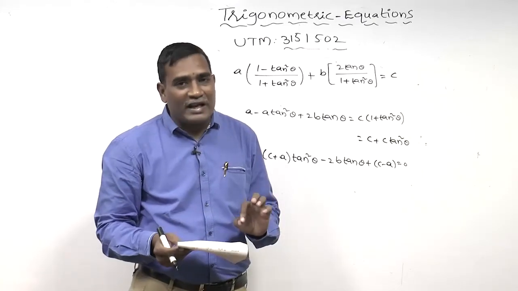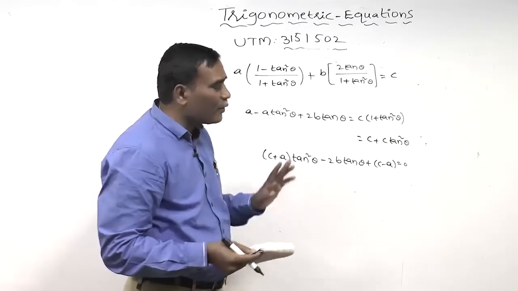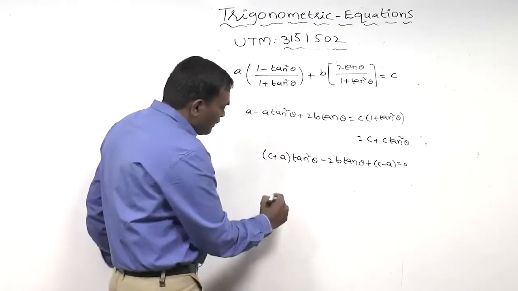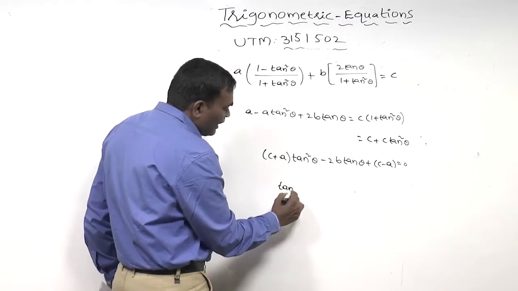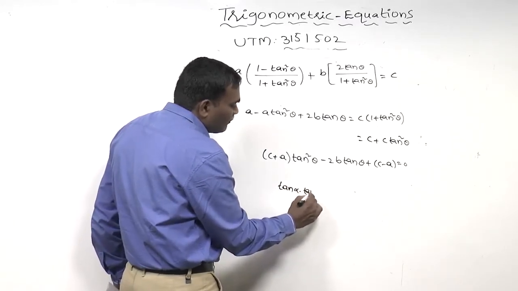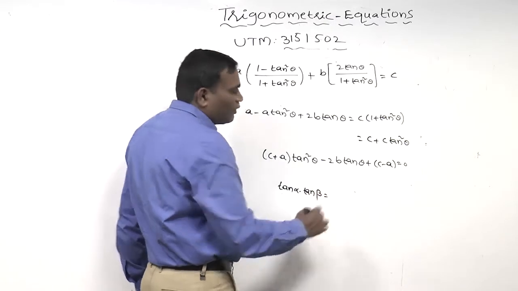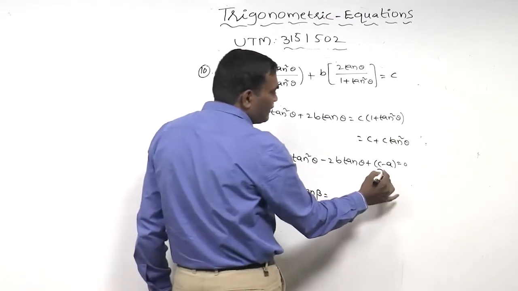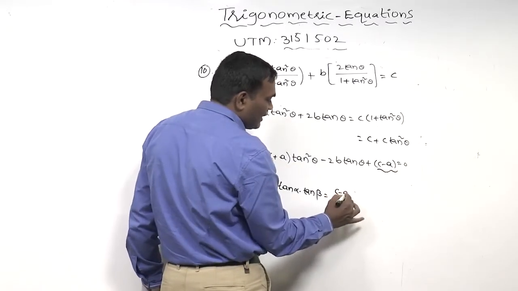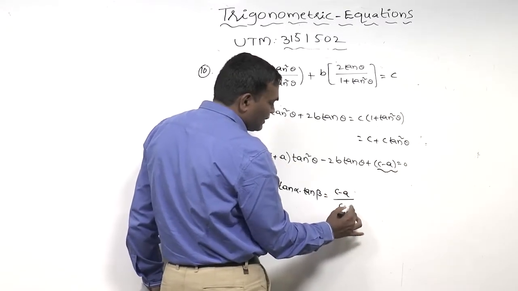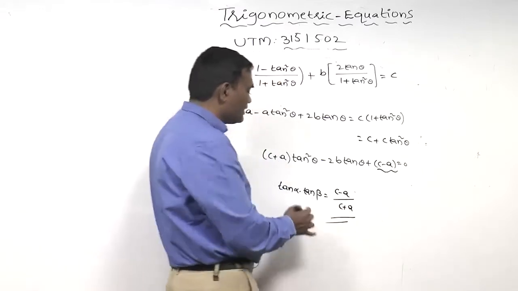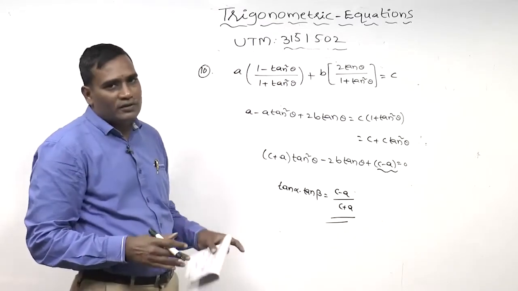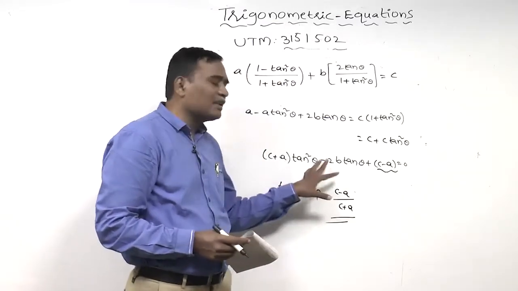I want tan alpha into tan beta, that means the product of the roots. Product of the roots in any quadratic equation is C by A. In place of C and A here, it is C minus A by C plus A. That's all, I am considering the product of the roots, where tan alpha, tan beta are the roots of the equation.